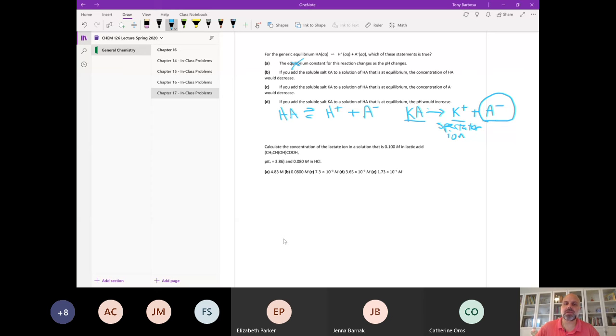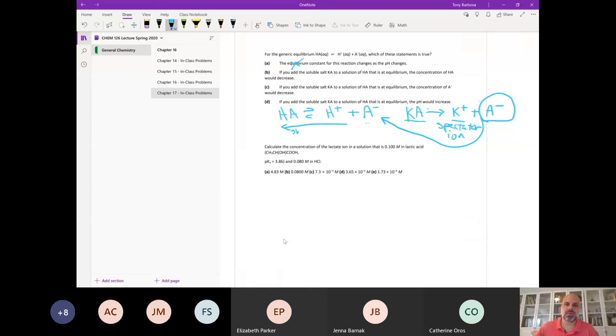So the K plus isn't going to have any effect on the reaction. We're adding A minus into solution. When we add A minus into this equilibrium, if we think of Le Chatelier's principle, the equilibrium is going to shift to the left.